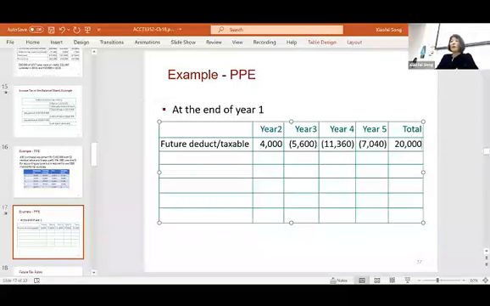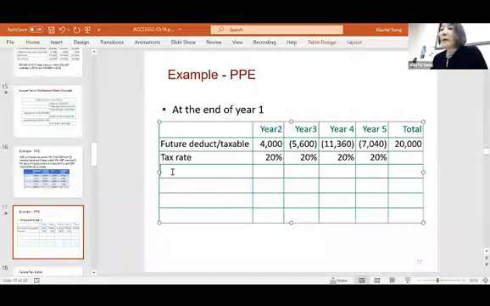Then you apply the tax rate to that, let's say 20% for each year, but we have room to accommodate any difference in the tax rate applicable to all the future years.